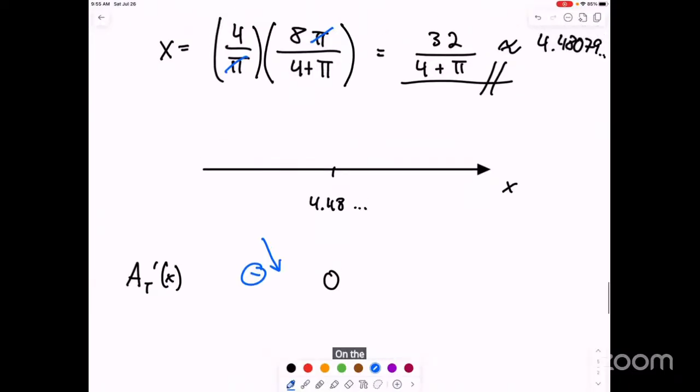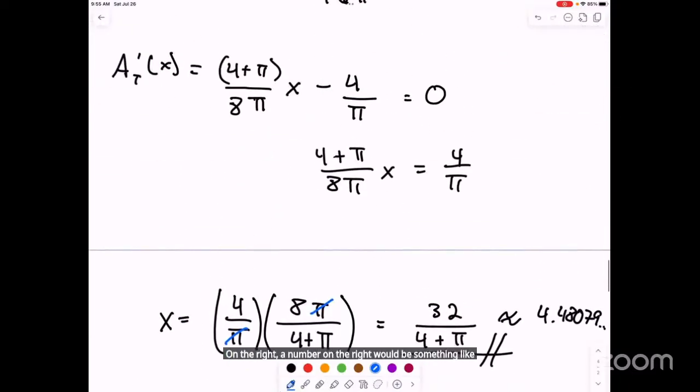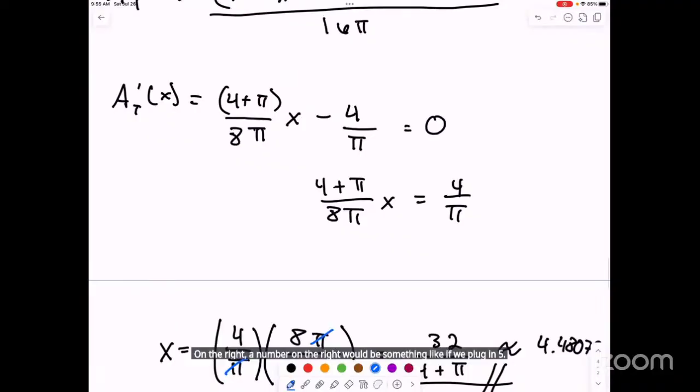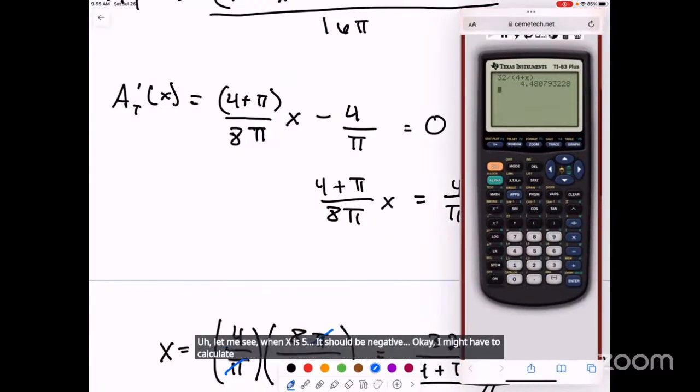On the right, a number on the right would be something like if we plug in 5. Let me see, when x is 5, it should be negative. Okay, I might have to calculate it.